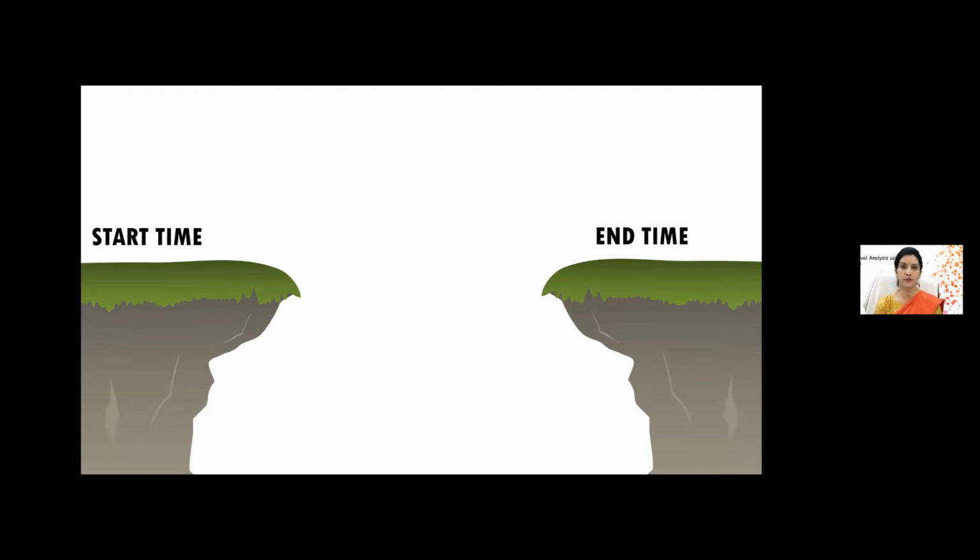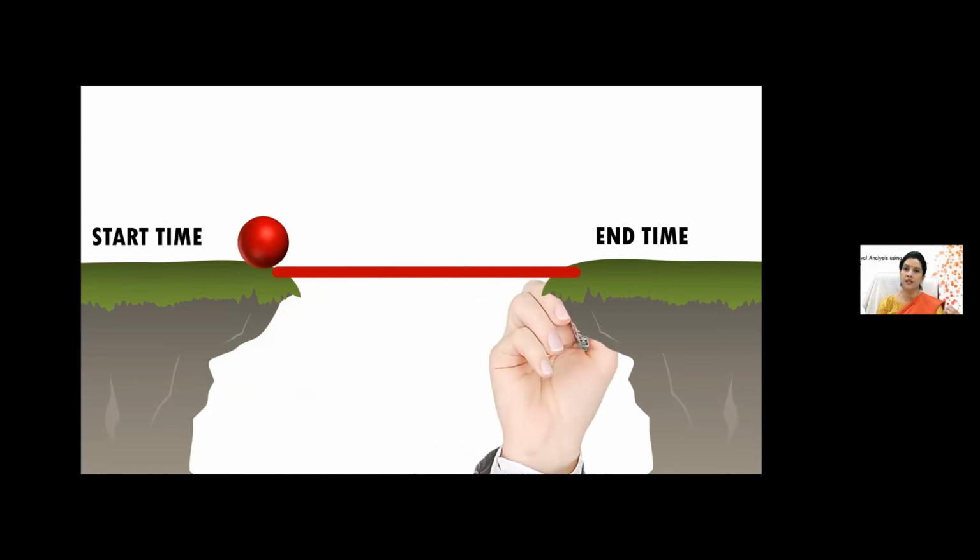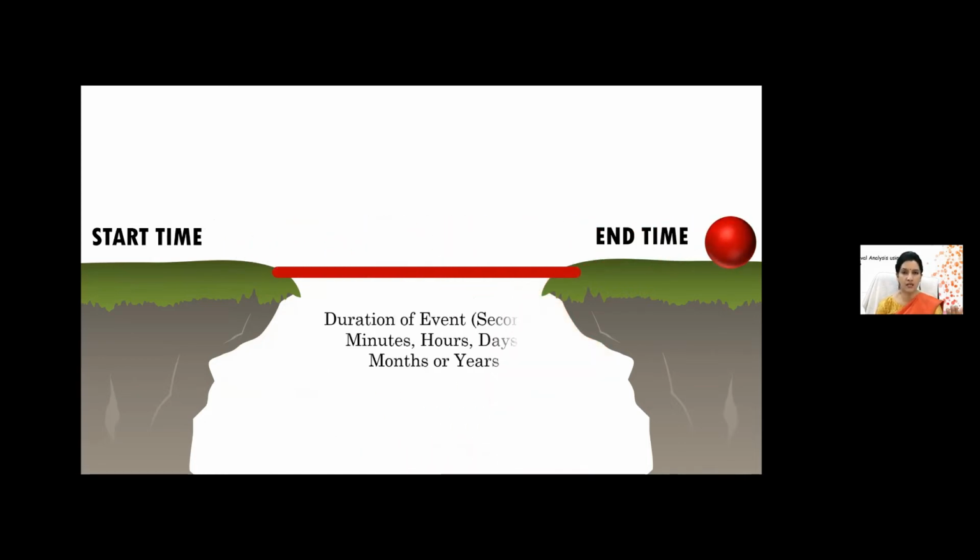You have to define the event, and for the time-to-event data you are going to measure the start time and the end time. That time could be in seconds, minutes, hours, days, months, or years, depending on your measurement or on when you are expecting that event to occur.